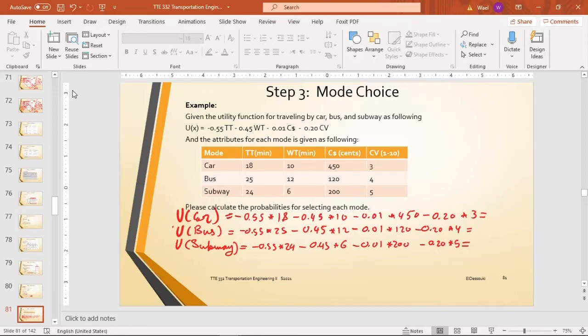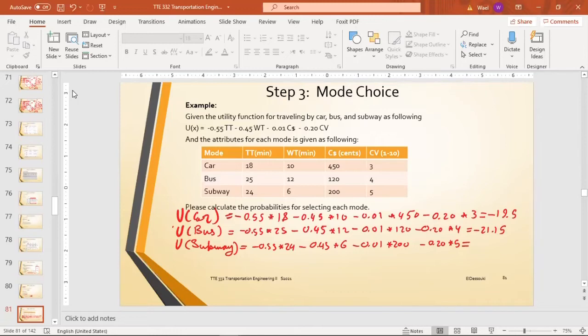Okay, what are the results here? The first one is minus 19.5. Okay, could you just repeat that, please? The first one is minus 19.5. And the second? The second one is minus 21.15. And the third? I'll calculate it now. Okay, thank you.